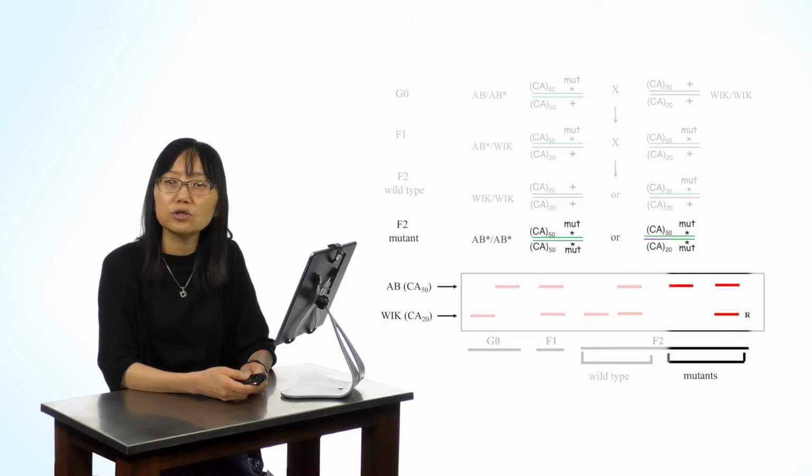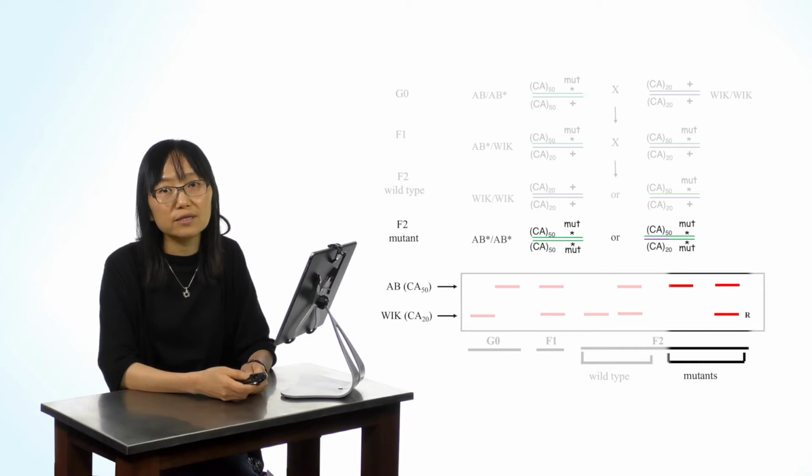Those embryos with two beating hearts must be homozygous for the mutation because this is a recessive trait. If the CA repeat marker is very closely linked to the mutation, there will be no recombination between the marker and the mutation, and you will detect the AB band only.